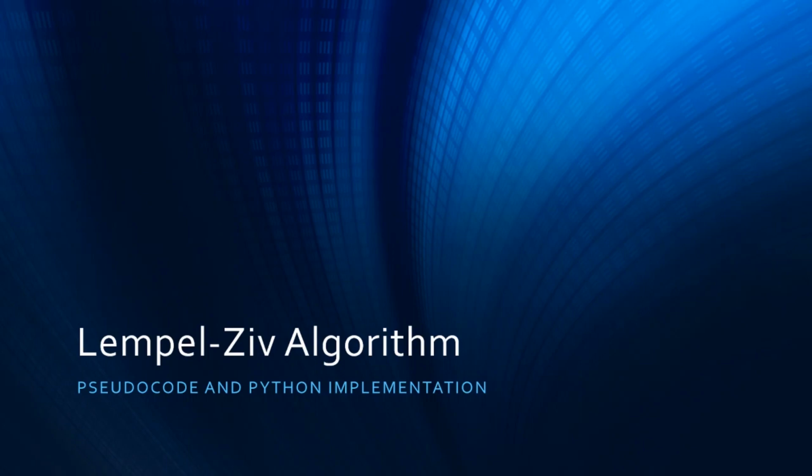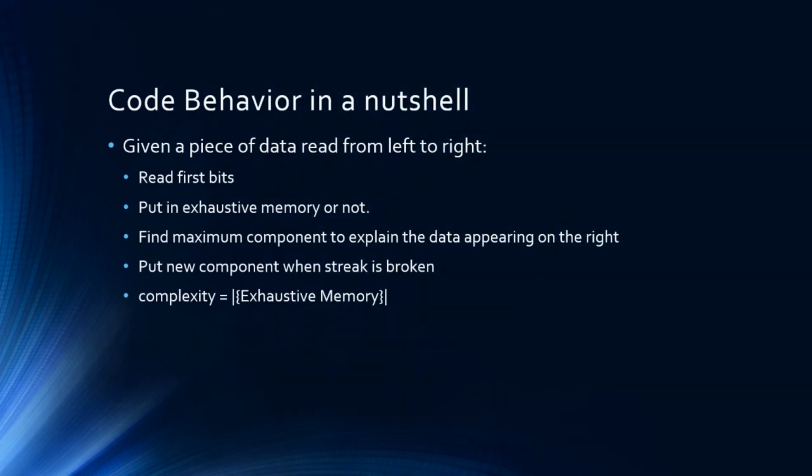We're going to first look at some pseudocode, and after that some Python implementation of the pseudocode. The algorithm is really simple. Its behavior, in a nutshell, before we look at the pseudocode: you have a data stream, and you read it from left to right. This is important.